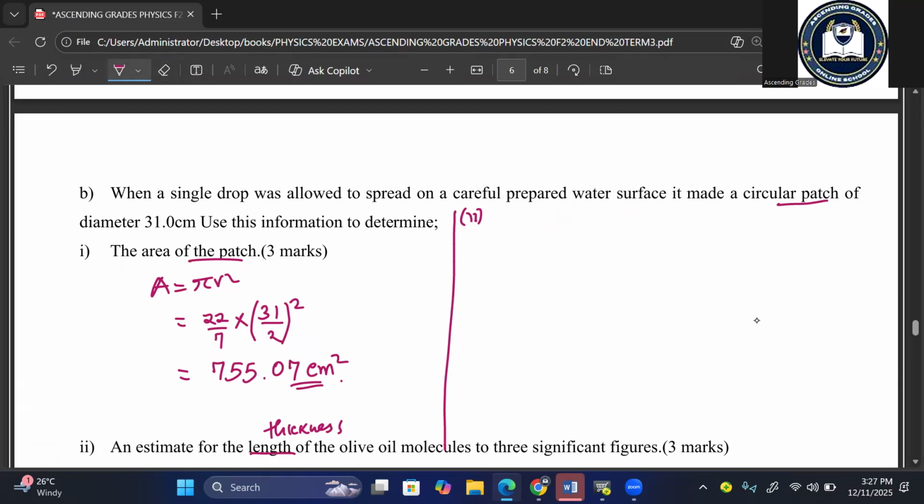So it is said thickness is given by volume of drop over area of patch.